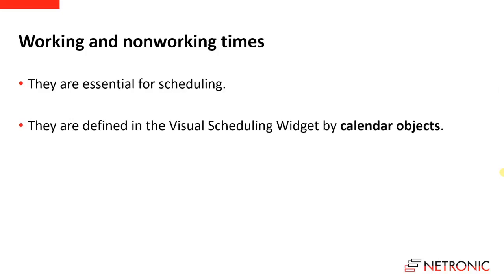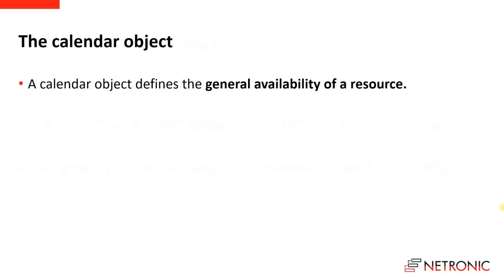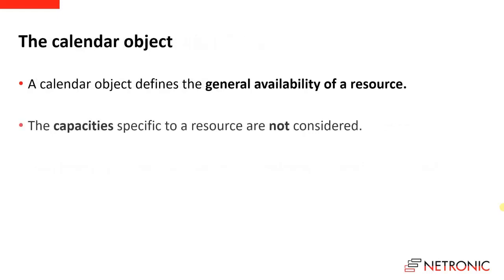Working and non-working times are defined in the Visual Scheduling Widget by calendar objects, and they have impact on the visualization and on the user interactions in the Gantt charts. A calendar defines the general availability of a resource, and it does not consider any capacity of a resource.